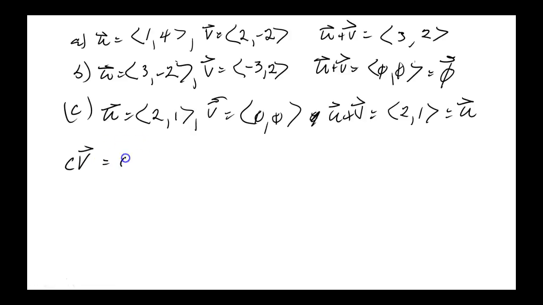So this would be c times v1, v2, if you're in 2 space. And this would be the vector cv1, comma, cv2. Okay, you don't add, there's a comma there. And that's basically the definition for scalar multiplication of the vector.